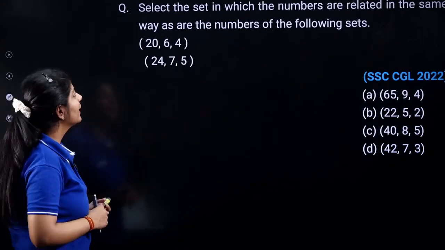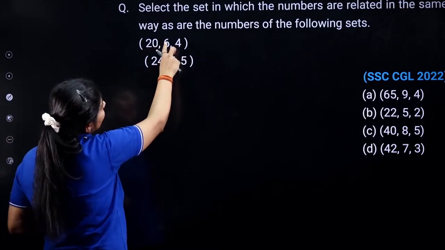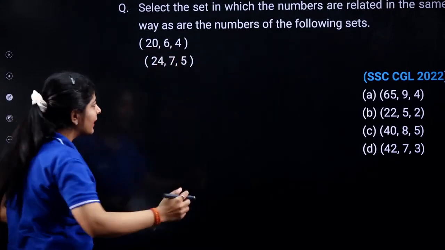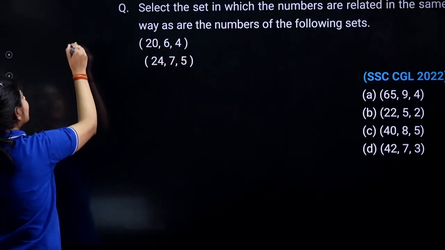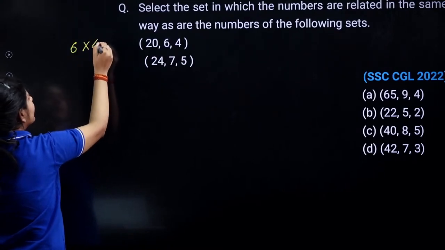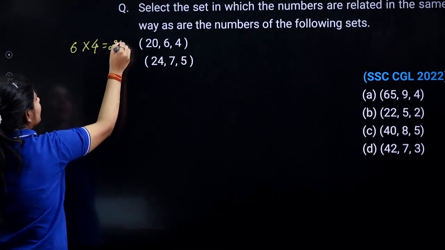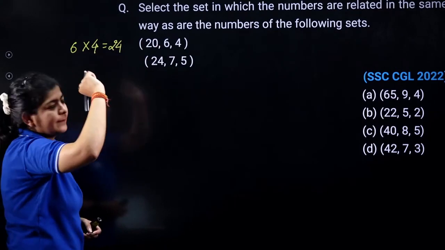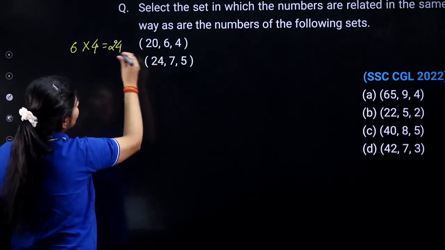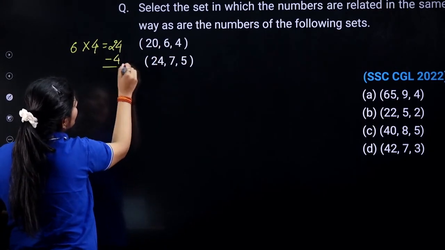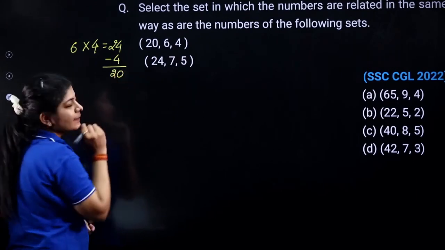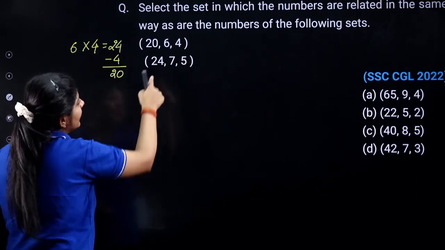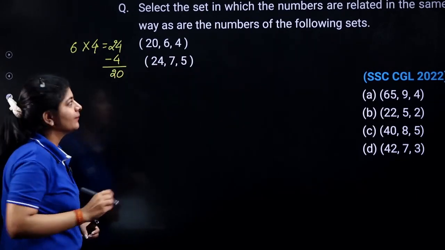Okay, let's see. Here I am having 26, 4. If I multiply my second number by my third number, I am getting 24, which is nearby to this number. If I subtract my third number from this one, I am getting my first number. Now, let's talk about the second one.